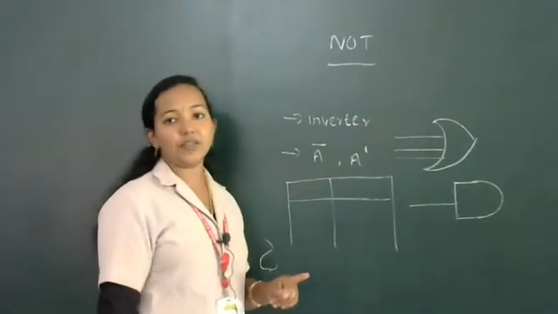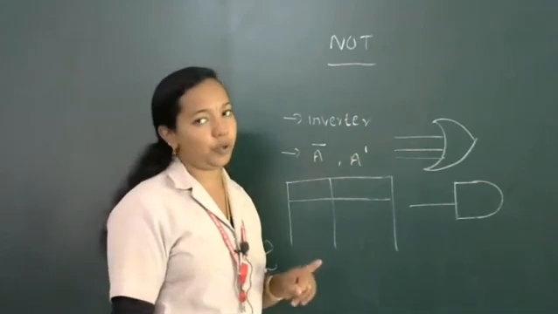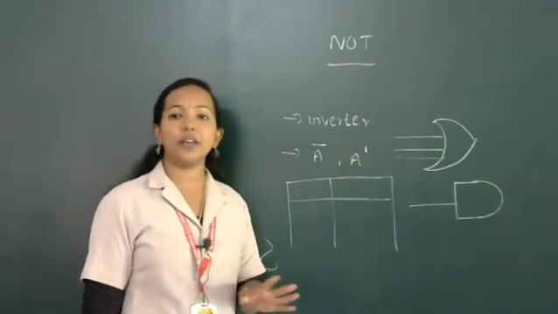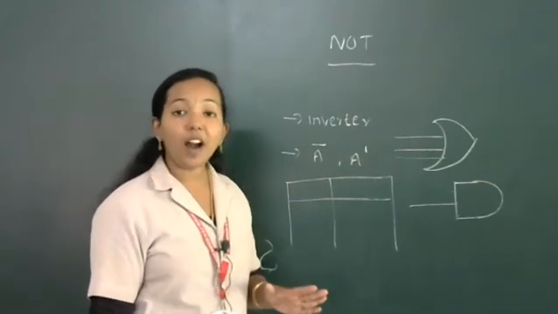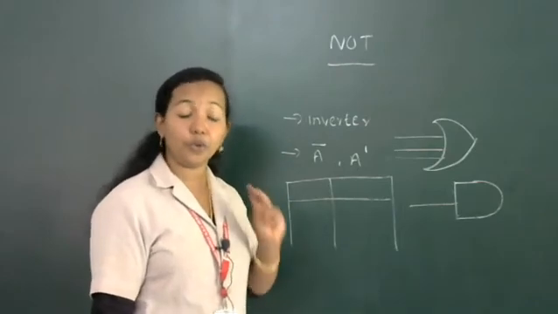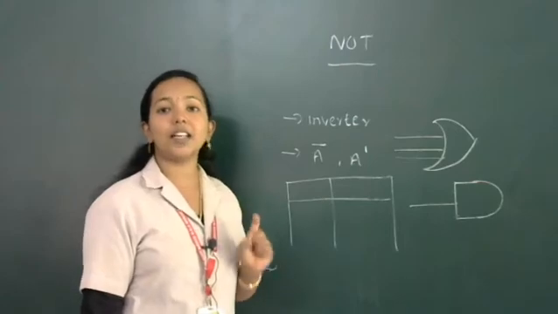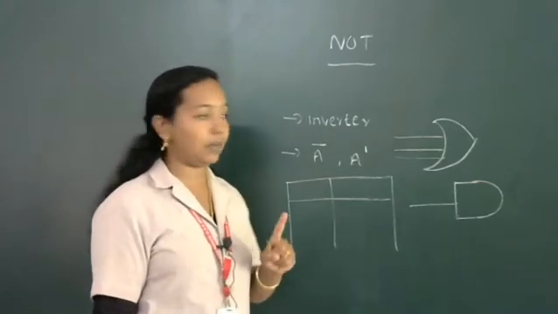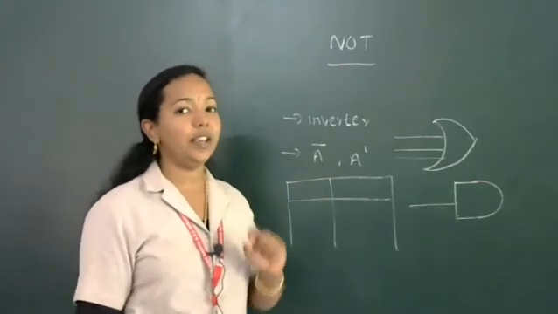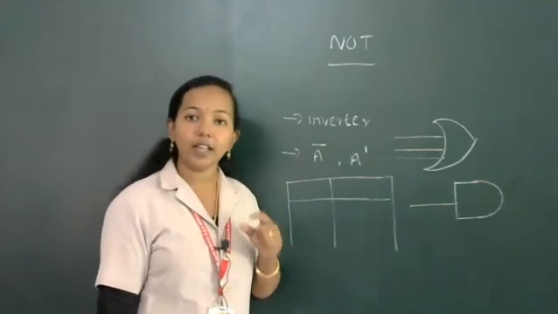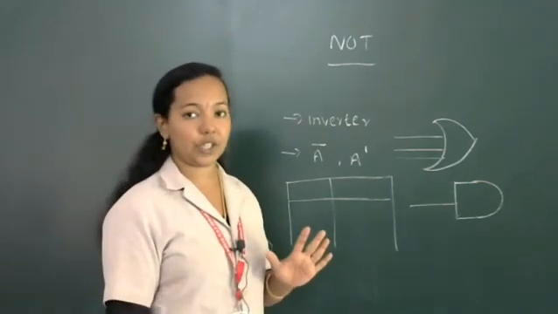But in the NOT gate, we use a single input. We can't use two input lines for the NOT gate. Always we use a single input line. All of you remember this.